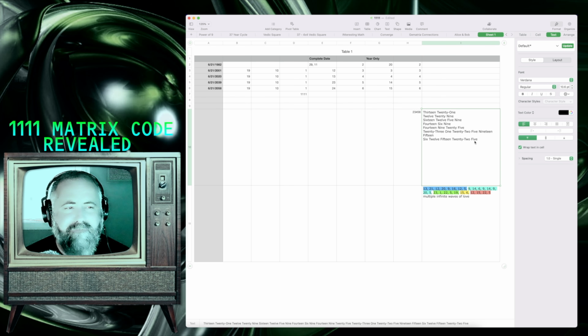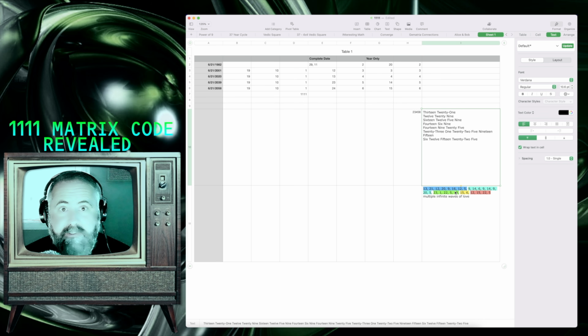I was like, what the fuck is that? Well, I wrote the numbers out the way we see them. So 13, not spelled out, but the number 1 and 3, in that sequence.